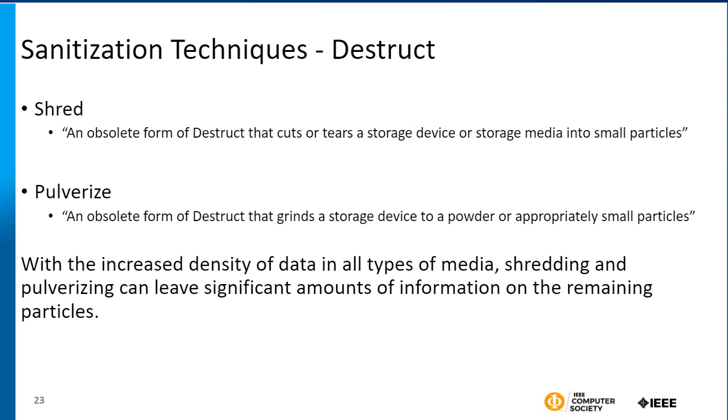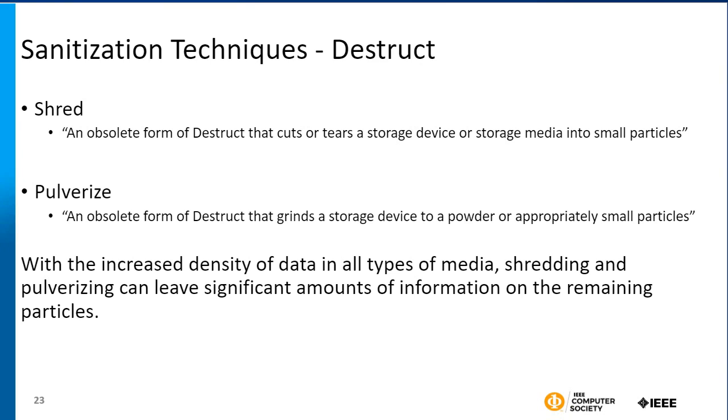The problem is, if you look at the resulting chunks, you may be able to look at one of those pieces and recover a significant amount of data in the form of gigabytes of data, just because of the density.